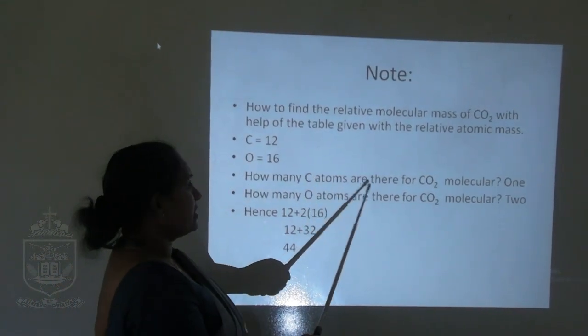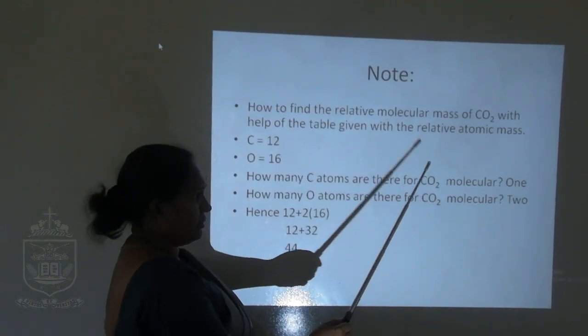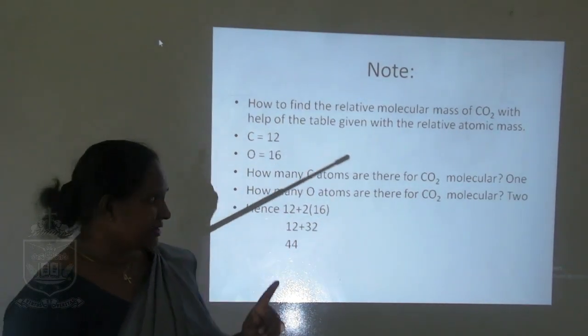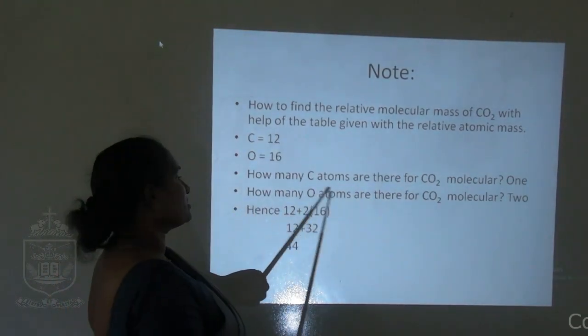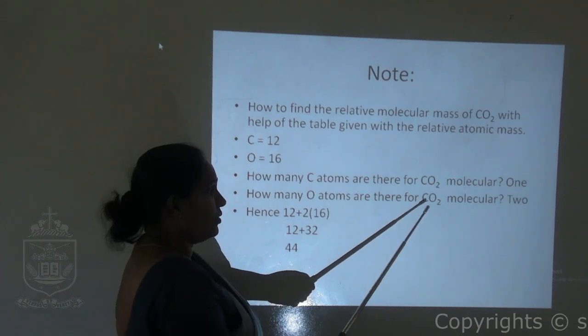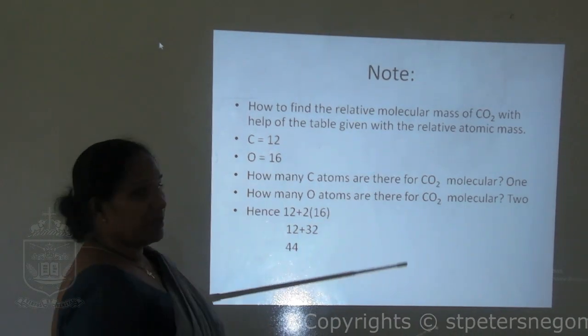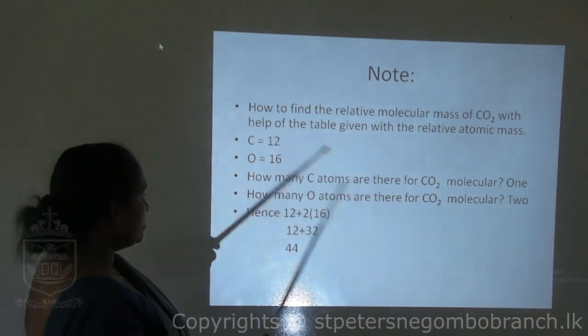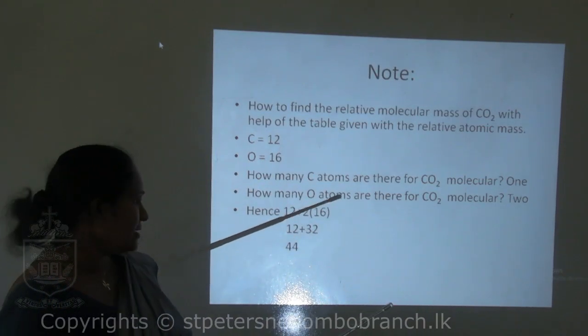How many carbon atoms are there in a carbon dioxide molecule? Only one carbon atom. How many oxygen atoms? There are 2. Now the way we find it is very easy.